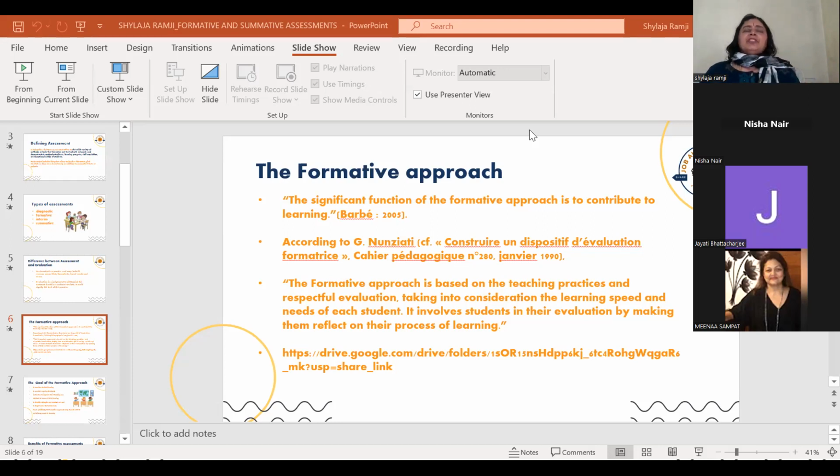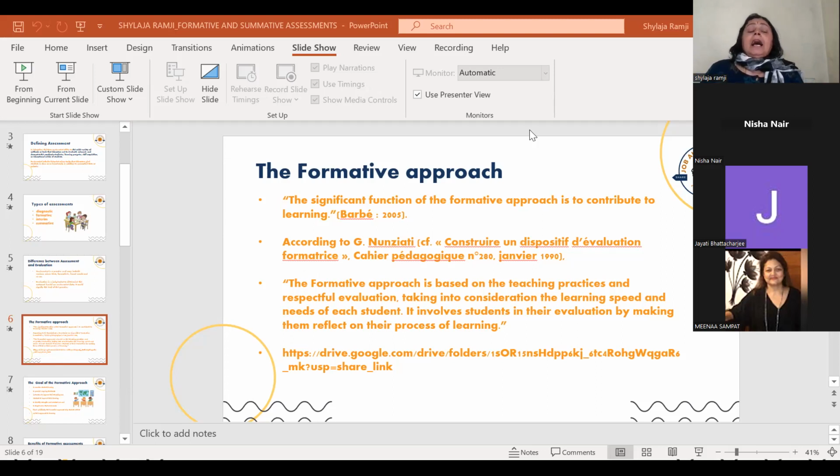Why I'm telling you this history is that earlier it used to be just judgment and evaluation. It was later on that they found that the student has to be aware of what he's learning and how he's learning in order to ensure that he does his best.